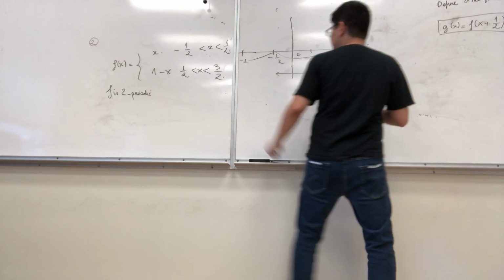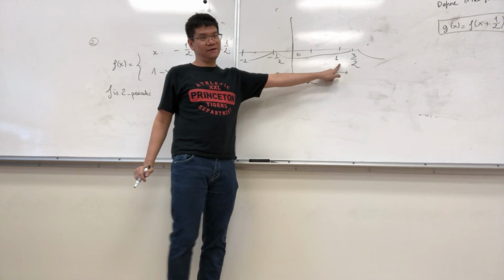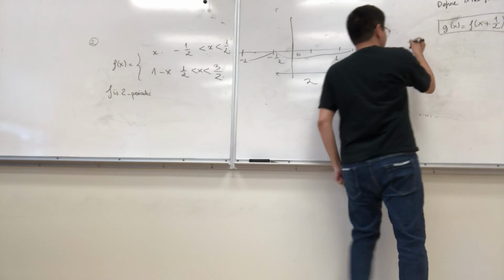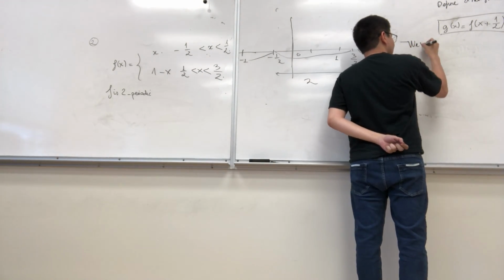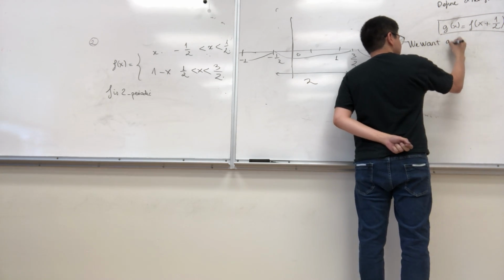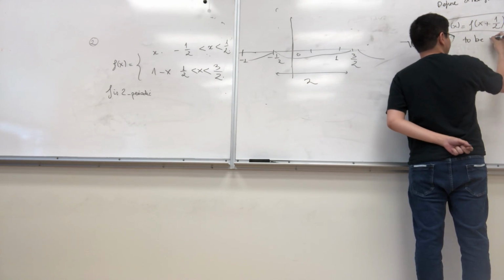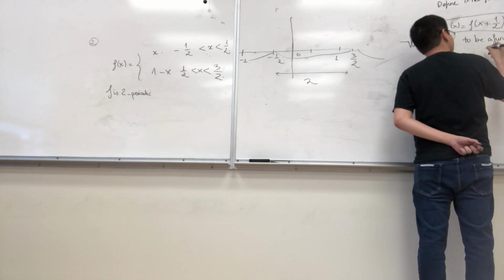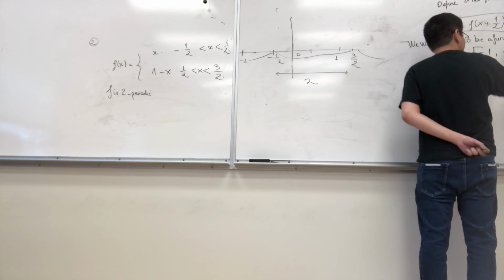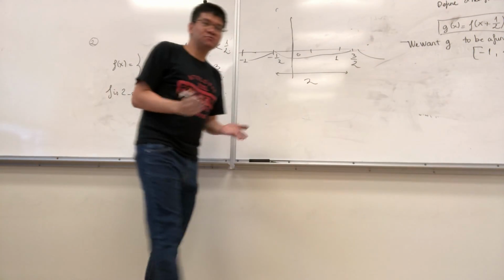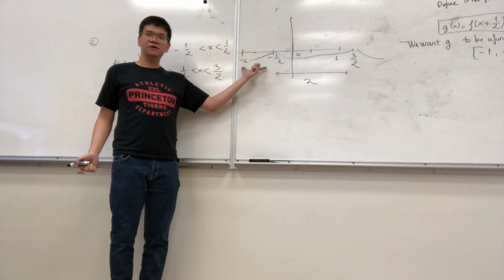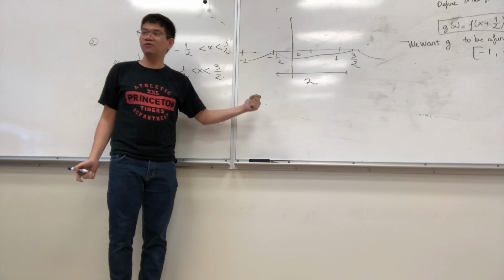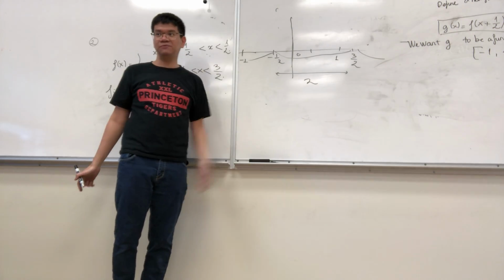So I want the function to be from -1 to 1. Right. So we want g to be a function on -1, 1. All right? This is what we want. We want the function g to be from -1 to 1 so that we can do the normal thing that we are doing.